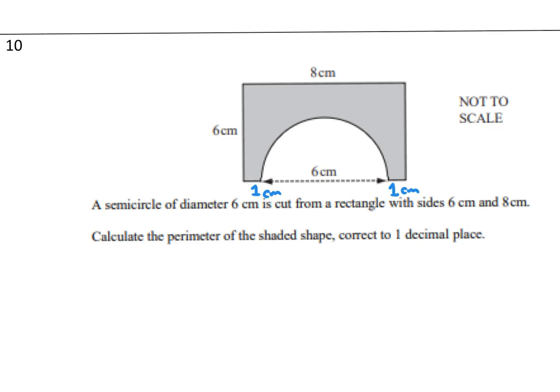Because the diameter is 6, the radius equals 3. So pi times 3, or 3 pi, is 9.42. So the perimeter now equals 6 plus 8 plus 6 plus 2 plus 3 pi.